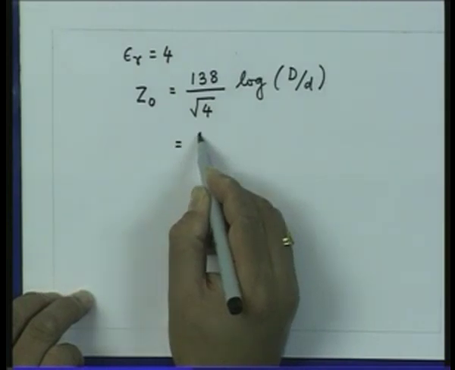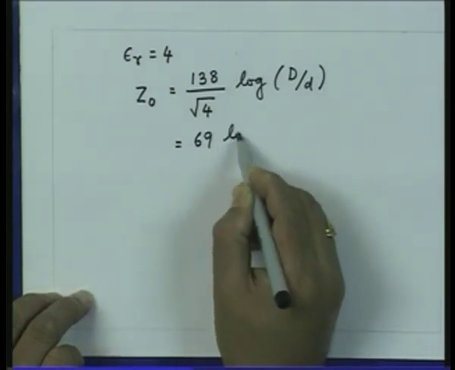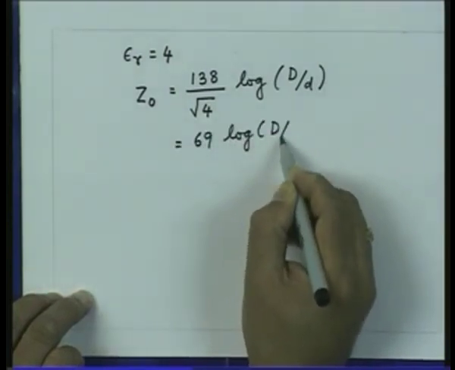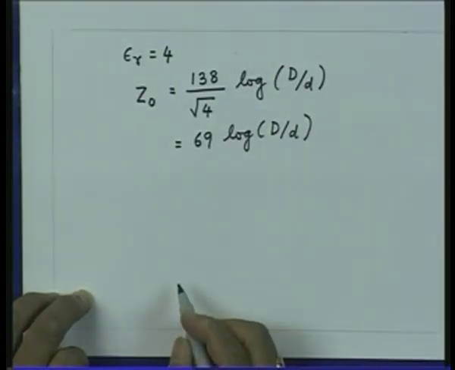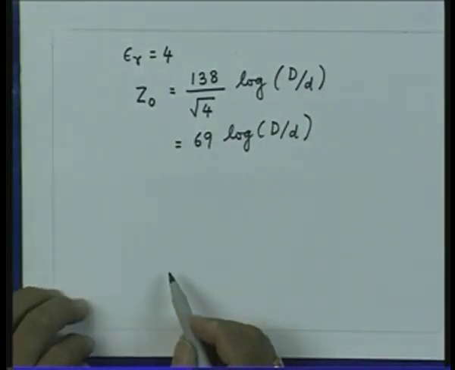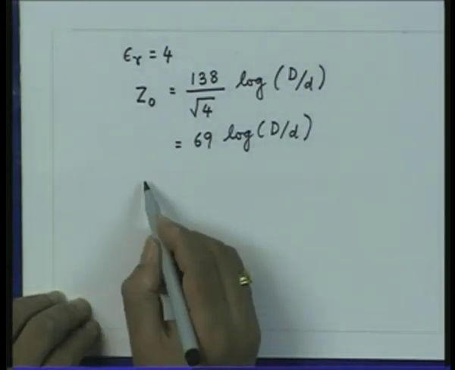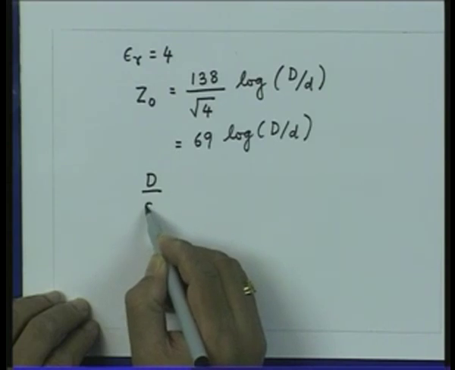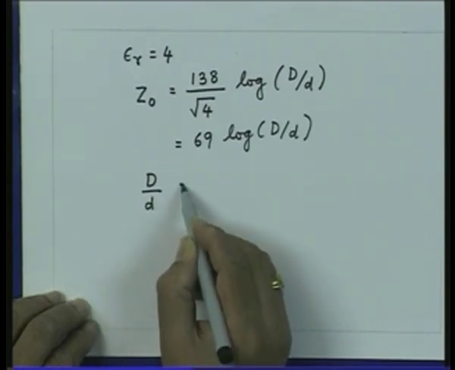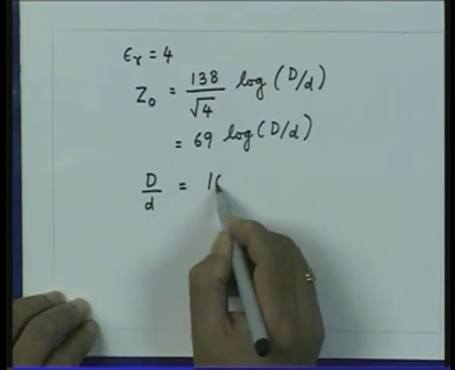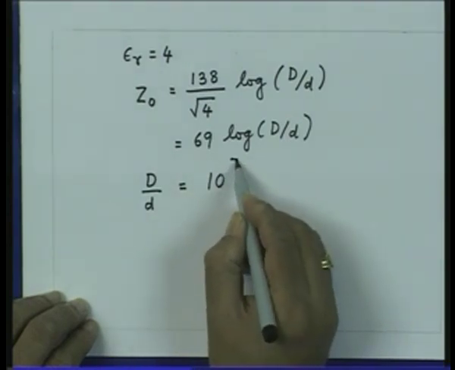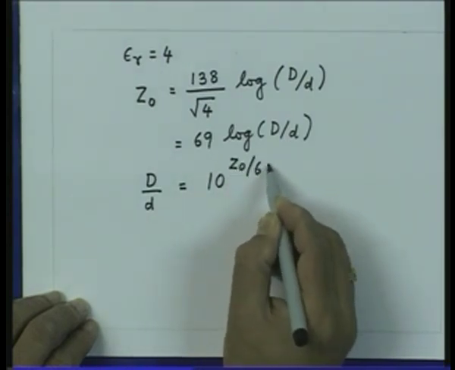So that is 69 log of D upon d. So, by inverting this relation, I can get the ratio D upon d is equal to 10 to the power Z0 upon 69.